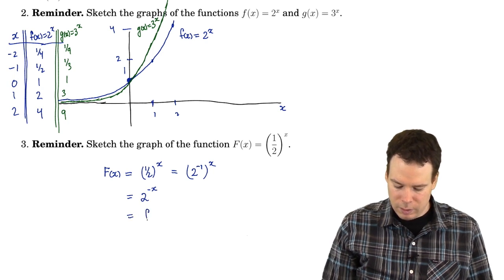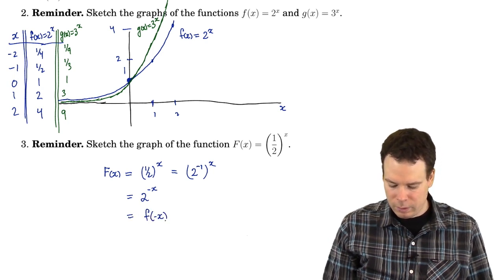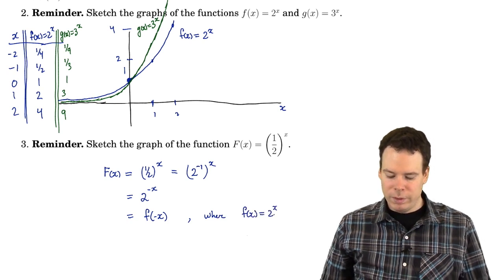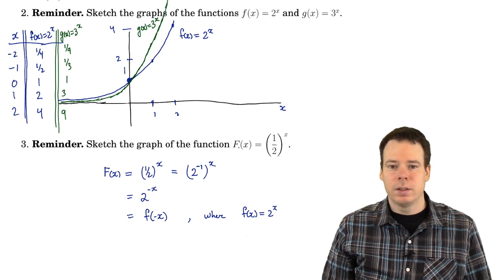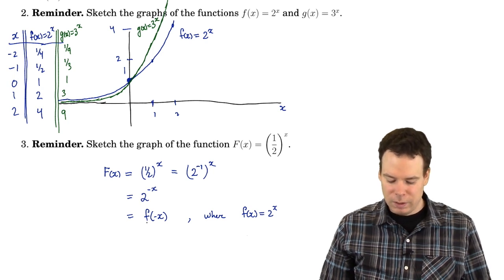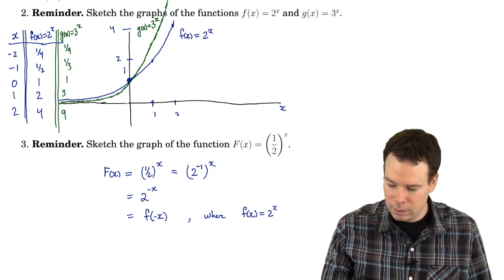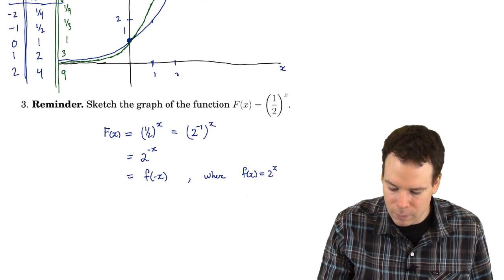But this is just then f of negative x, where f was the exponential function of base 2 written above. So what that means is big F is just a transformation of the little f function. It's been reflected across the y-axis, across the vertical axes.